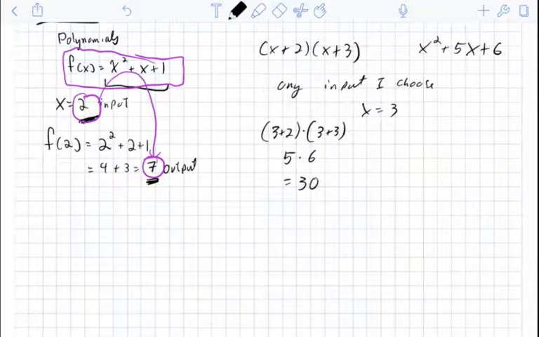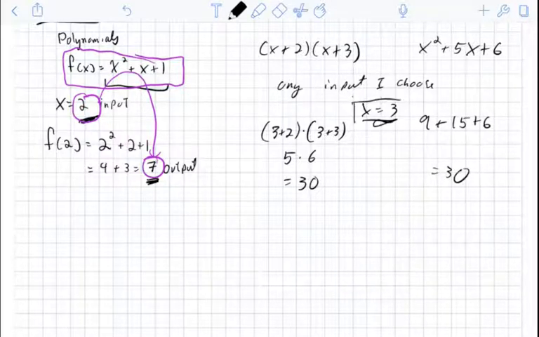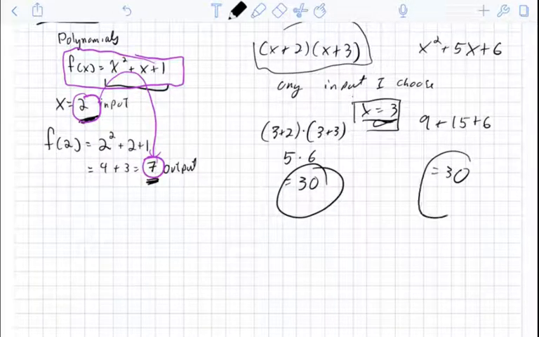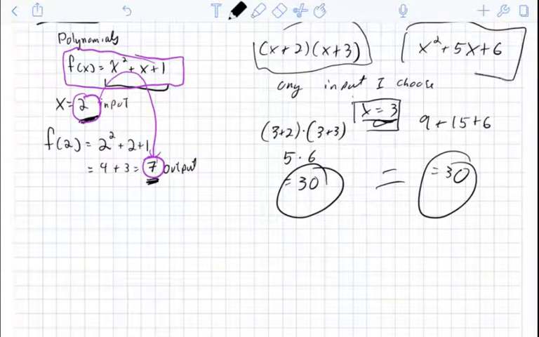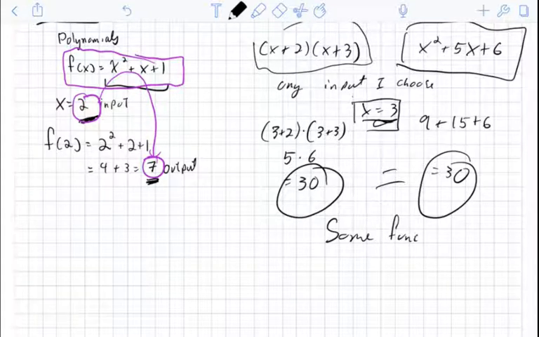On the other side, 9 plus 15 plus 6, so that's 30. For any input I choose, both of these expressions always give out exactly the same value. And so these two expressions are the same function, even though they look different.